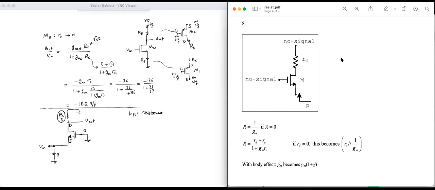But for this MOSFET that we have in the exercise, RO is infinite, so I need to actually use the first formula here, the simple one. The resistance is simply 1 over GM. So looking into the source of the MOSFET, I see in this case 1 over GM, since RO goes to infinity. And GM is 1 milli. So 1 over 1 milli equals 1K.